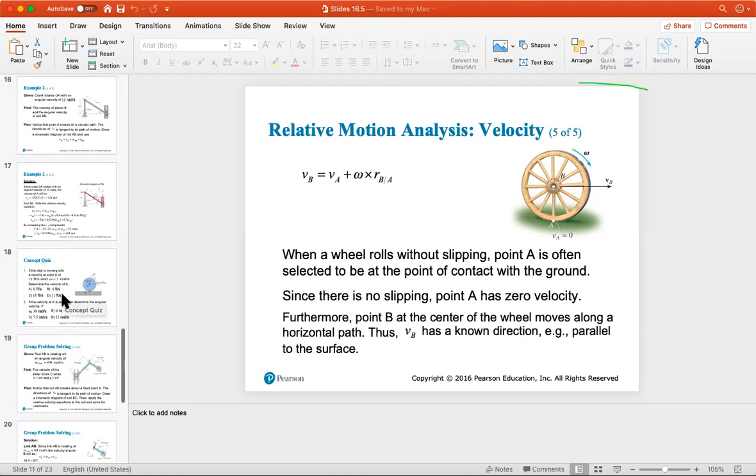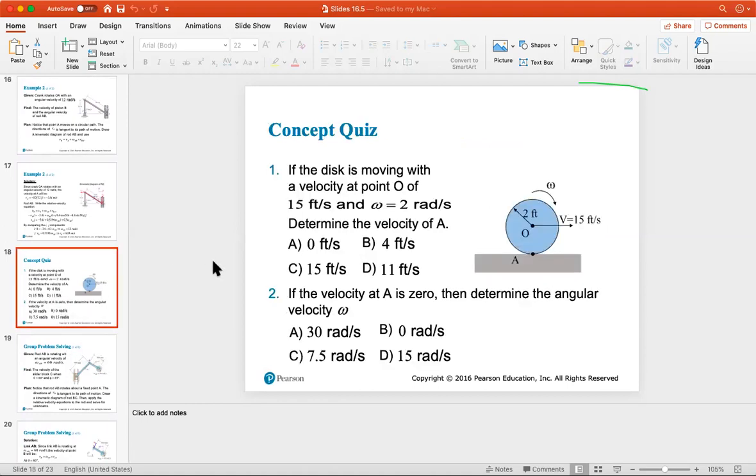So let's go first to the concept quiz. I want you to read that, and then I'm going to ask you to answer those. So first, go through the concept quiz and try to answer those. I'm going to be right back and ask for your answers.